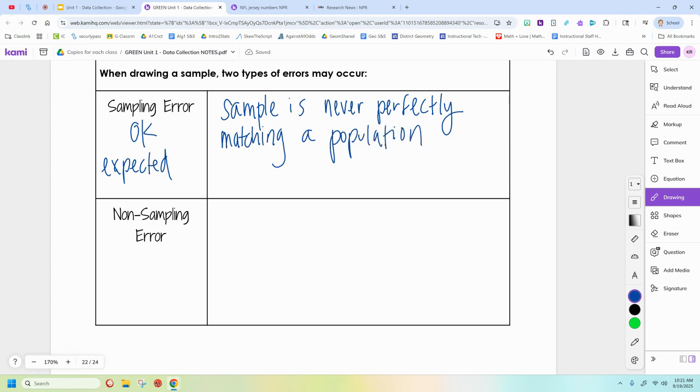So that's why when we do a statistic, like 57% say yes, there will be a plus minus 2% sample error. It is part of the process.